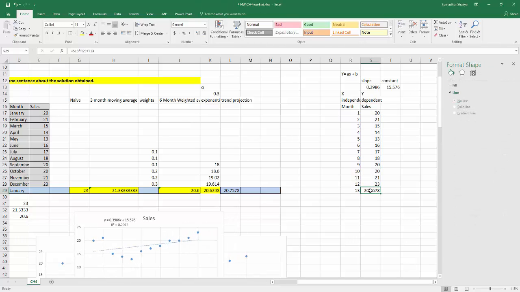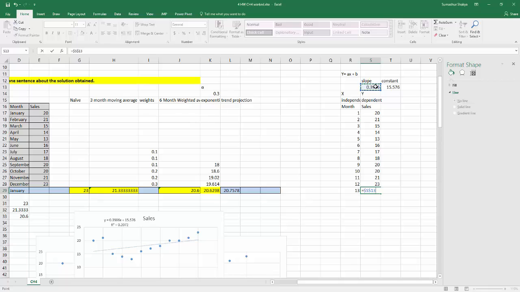If this is how we calculate it, it's dependent on the slope, the constant, and the time period. Now remember, we could not have done this if we were to use month values in alphabetical form, because this is the 13th period, not the same January. This January is not the same as the original January of the last year. Okay, so having said that, if we wanted to go further, then first thing is, I'm going to do this again.